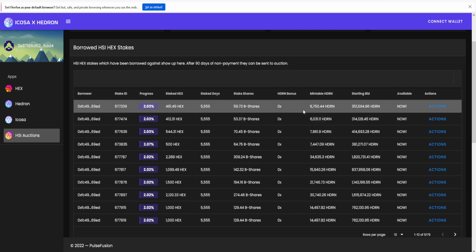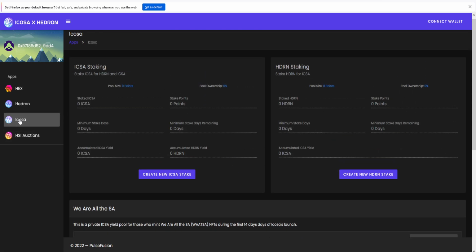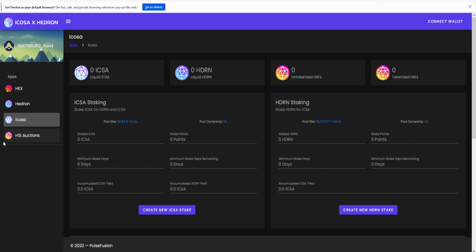And when the contract ends, the winning bid of Hedron is burned, and new Icosa is generated. This Icosa is distributed in these 3 staking pools.